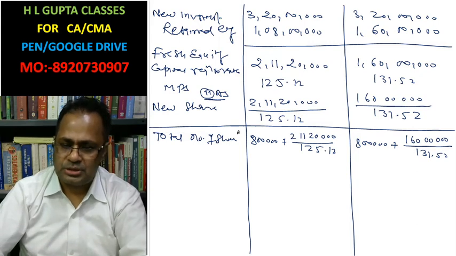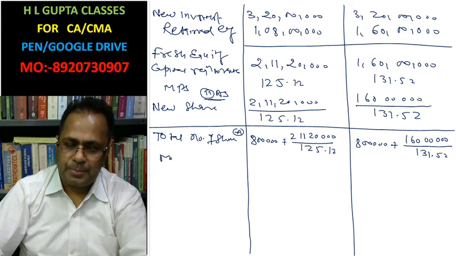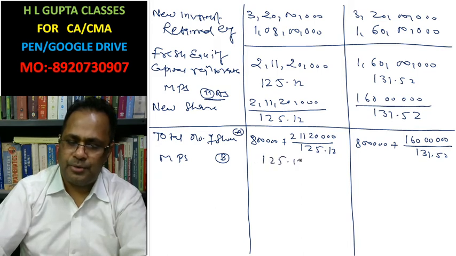Suppose this is the total number of shares A, and the market price per share is B: 125.12 and 131.52.